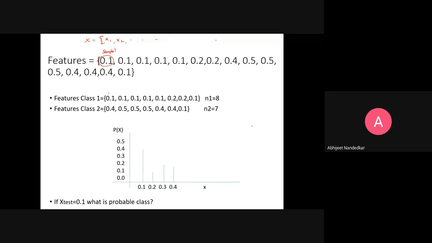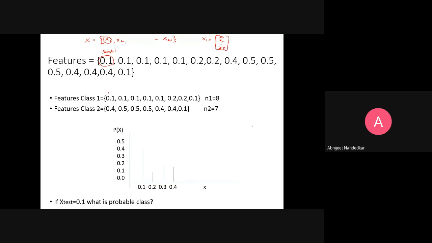I can go up to sample, say, n. So these individual elements of this set are feature vectors. Now, if this is a feature vector, then it should look, say, like this: x1 is equal to x1, x2, and so on up to maybe d dimension.